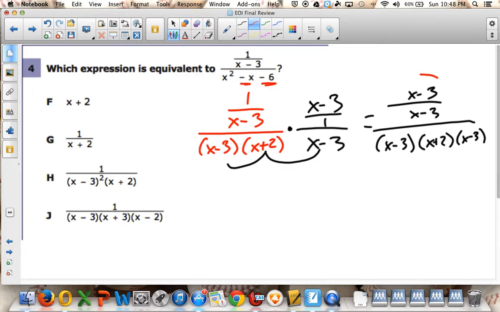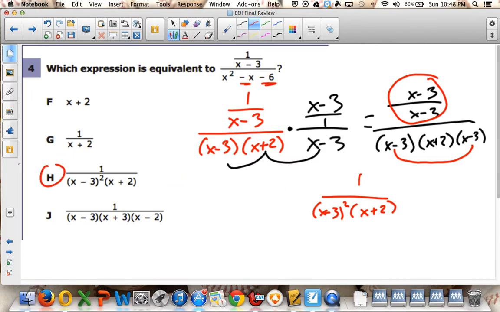If you look in the numerator right here, x minus 3 divided by x minus 3 divides off to be 1. And in the denominator, x minus 3 and x minus 3, when you multiply two binomials together that are the same, I can rewrite that as x minus 3 squared, and then I have this x plus 2 added on, which looks a whole lot like letter H.